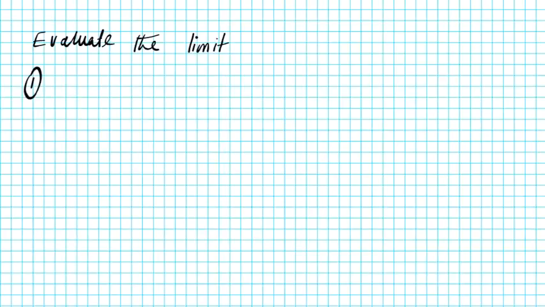Let's say you're asked to compute the limit as h approaches 0 of the square root of 2 plus h minus the square root of 2. This entire expression divided by h.